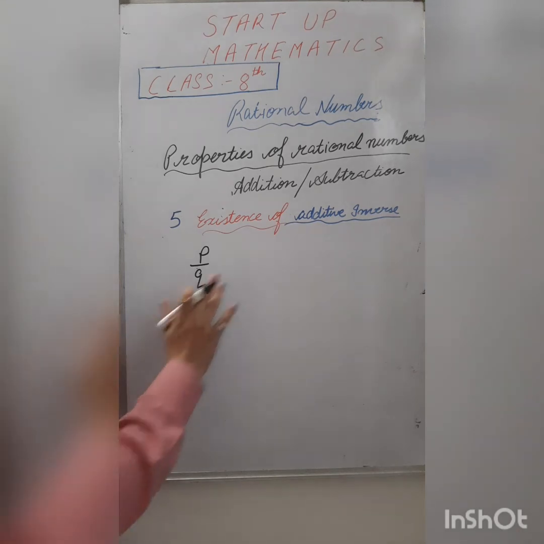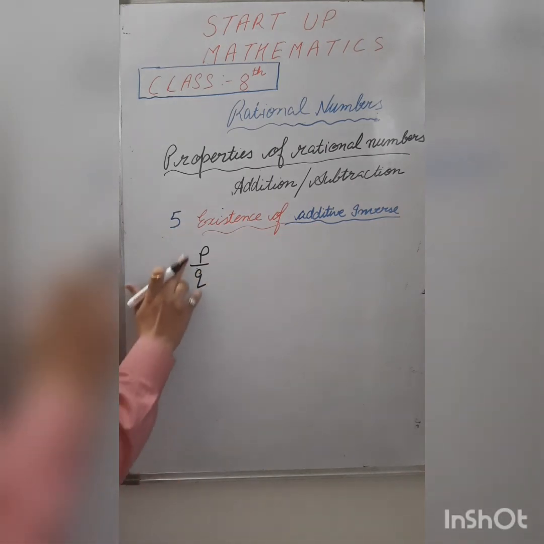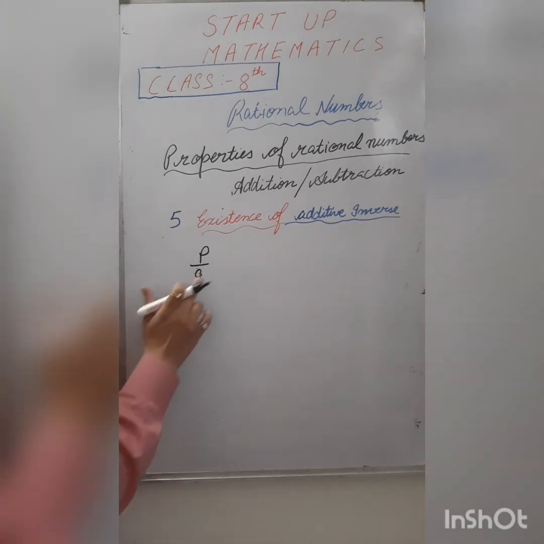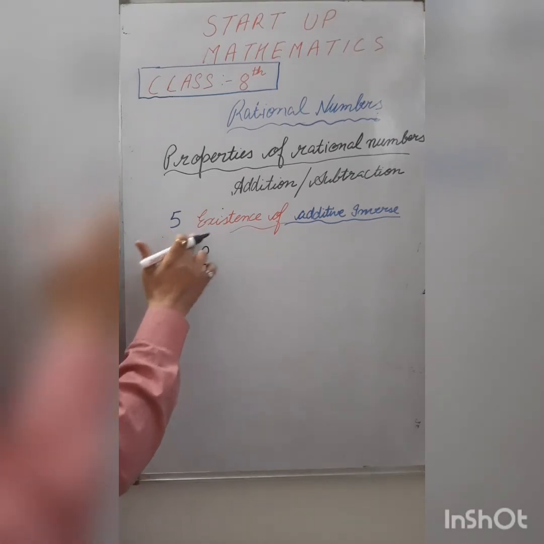What is actually the meaning? See the additive inverse. If I have a rational number p by q, it's my number. What type of number is it? It is a rational number. So what should we add to this rational number?